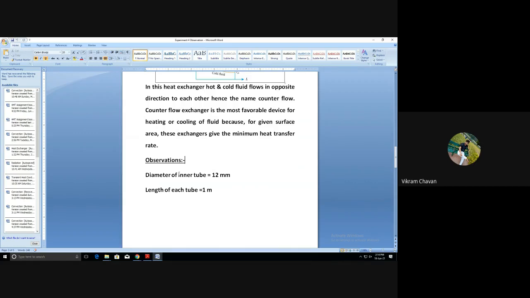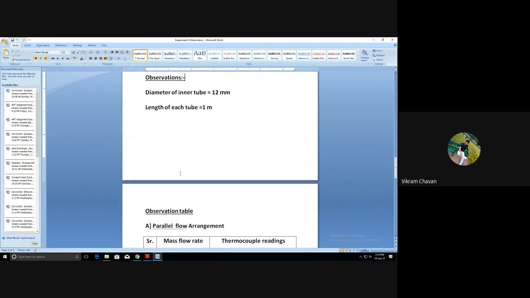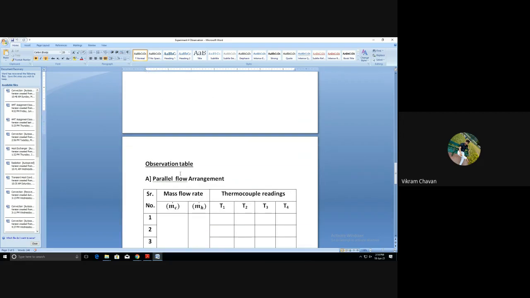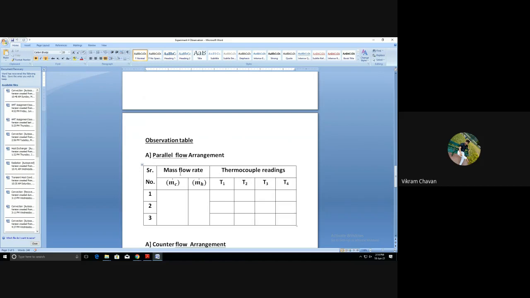Okay, with suffix i, that will be required for the calculation of the overall heat transfer coefficient, that is U. Further we are going to take the observations for the parallel flow arrangement and the counter flow arrangement. For the final result you require the mass flow rate of the cold fluid and the hot fluid, and the thermocouple readings for the hot fluid inlet temperature, hot fluid outlet temperature, cold fluid inlet temperature, and cold fluid outlet temperature.